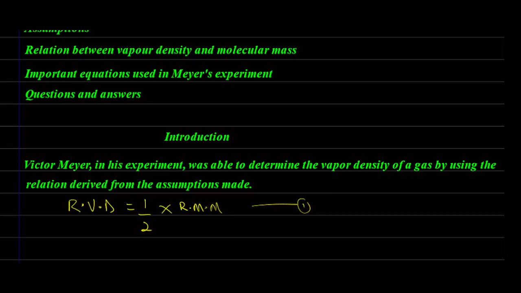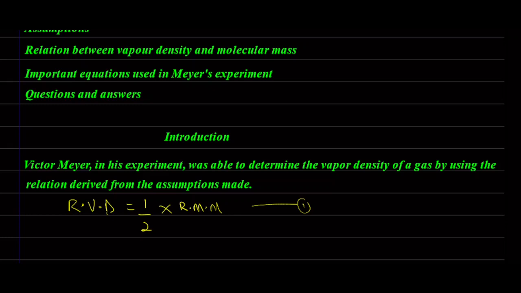If you are able to get the molecular mass of the gas, we'll be able to obtain the vapor density of that gas, which is the main objective of the experiment. Like I said, this equation that we are seeing on the screen, which represents equation 1, can be obtained from the assumptions that were stated by Victor Meyer.